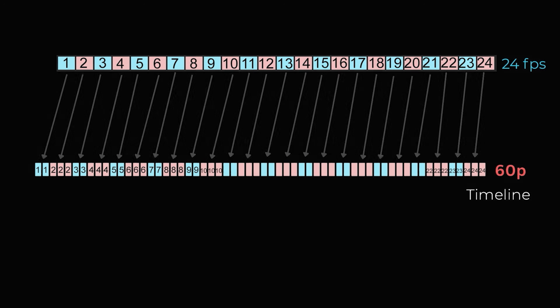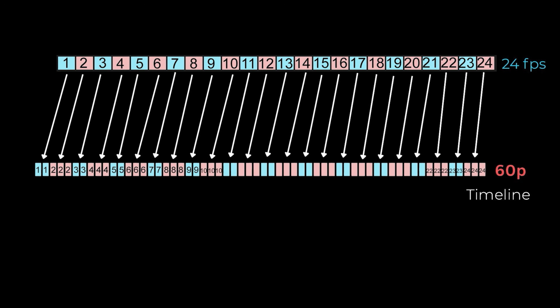The 3:2 pull-down pattern is applied as follows. The first frame of the video is repeated twice, and the second frame of the video is repeated 3 times. This pattern is repeated for subsequent frames in the video. This sequence results in a total of 5 frames being distributed across every 4 frames of the 60p timeline.